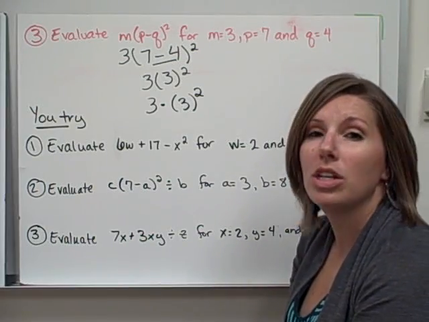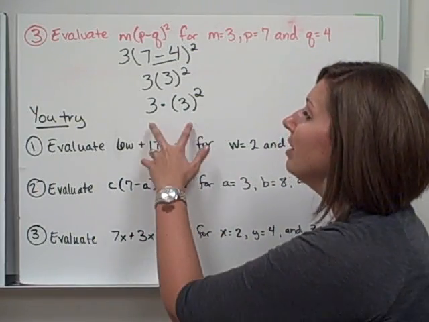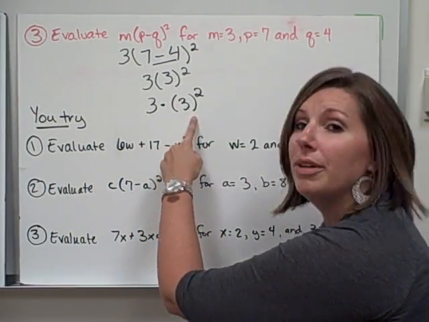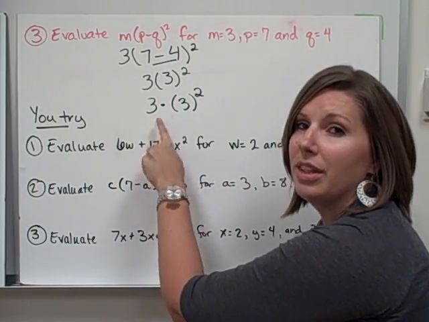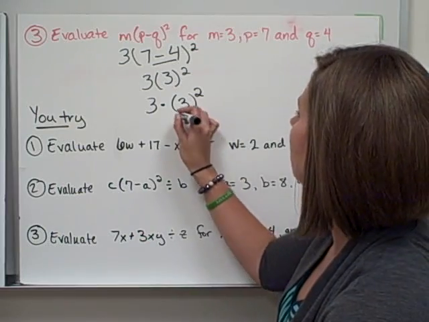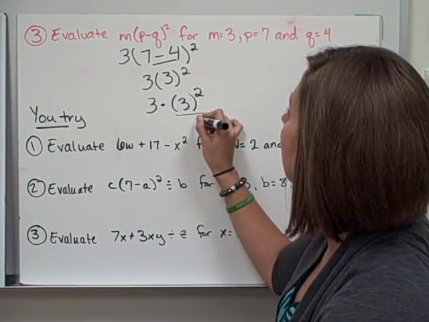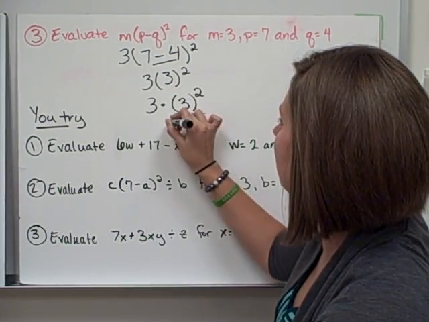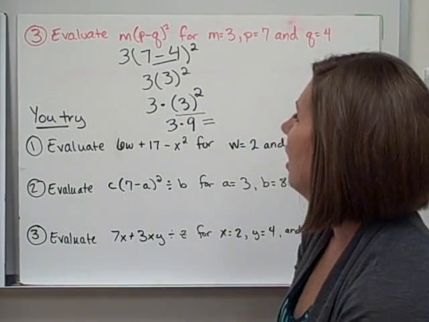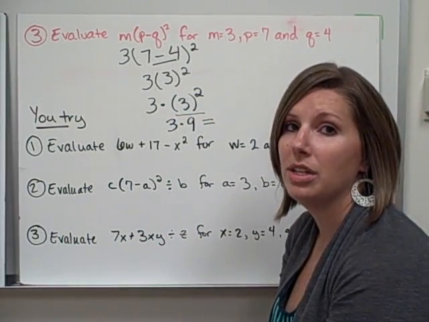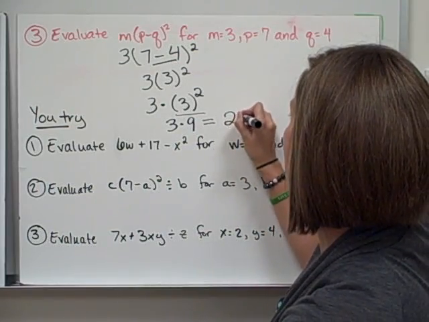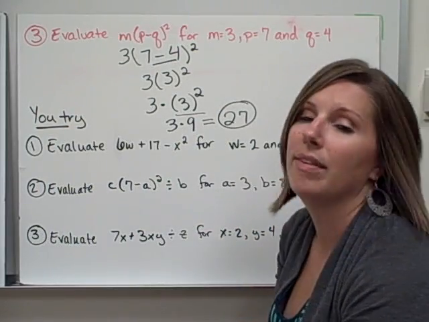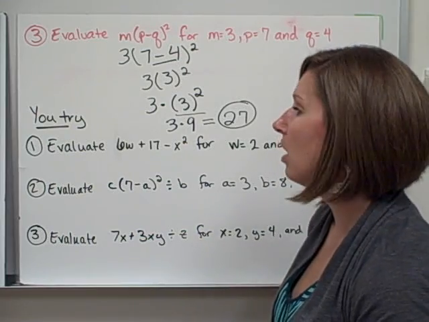That might show you more clearly that exponents is our priority before our multiplication. That might help you see a little bit better. So 3 squared is 9. That means 3 times 3. And I bring the other multiplication and the 3 down, and now I've got 3 times 9, which is 27. And 27 is our final answer.